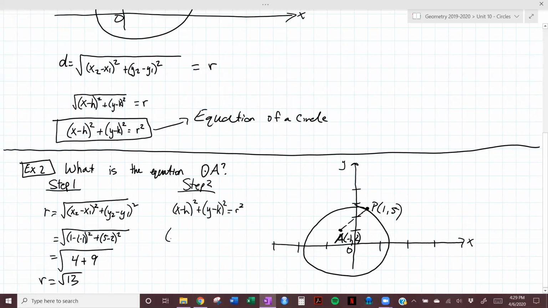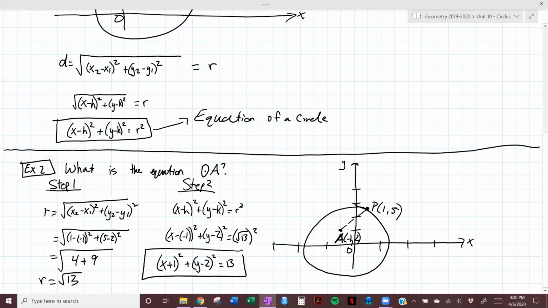So x minus -1 squared plus y minus 2 quantity squared equals square root of 13 squared. This works out to be x plus 1 squared plus y minus 2 squared equals 13. That is our equation.